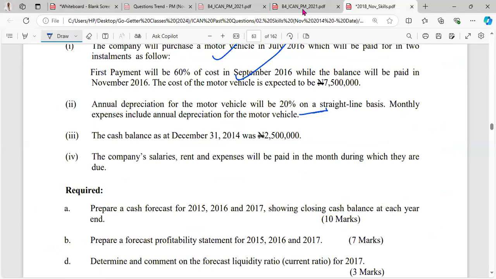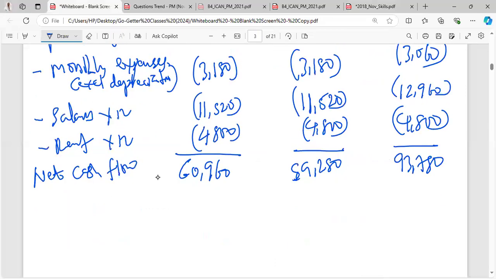That means the beginning cash in 2015 is 2.5 million. So you will say plus starting cash, 2.5 million. Then this should give you the ending cash.